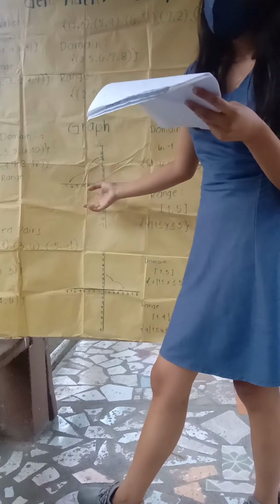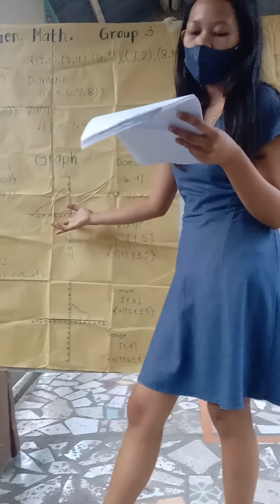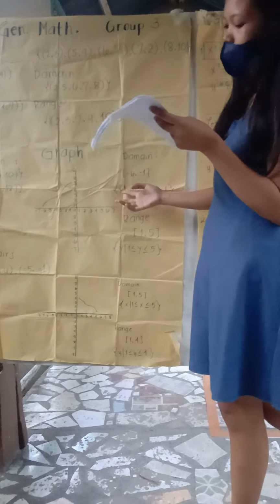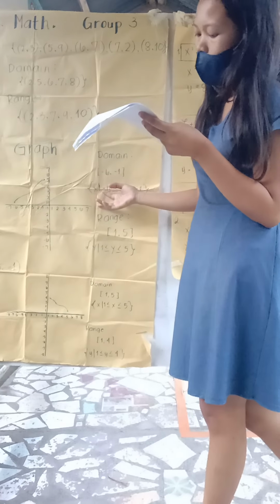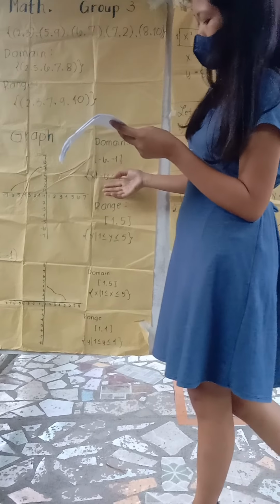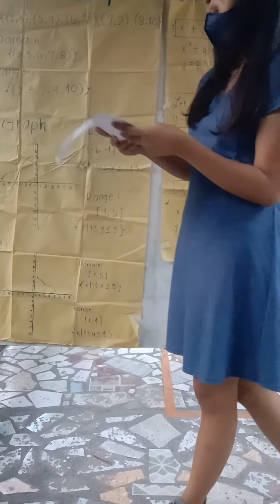When the circle dots are shaded, that means they are counted as part of the solution. Therefore, x such that x is greater than or equal to -6, but x is less than or equal to -1. How about the range?